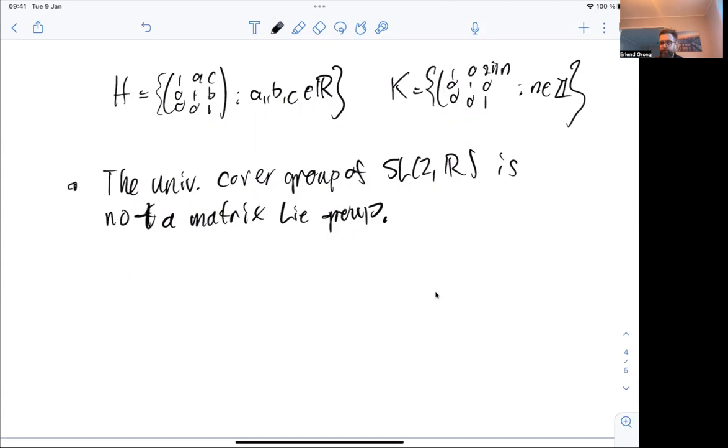But just know that that's one of the examples and one of the reasons why we sometimes want to go outside of the case of matrix Lie groups, because perhaps we want something that's simply connected where we can integrate our algebra homomorphisms to Lie group homomorphisms. And that means that sometimes that will be a group that cannot be written as a matrix.